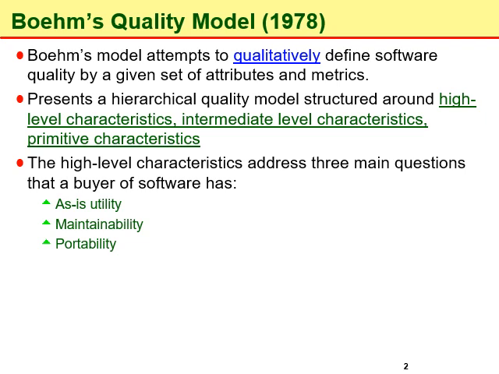That is, how well, for example, easily, reliably, efficiently can I use this product as it is. Maintainability, that is how easy it is to understand, modify, and retest the product. Then portability, that is, can I still use it if I change my operating environment.